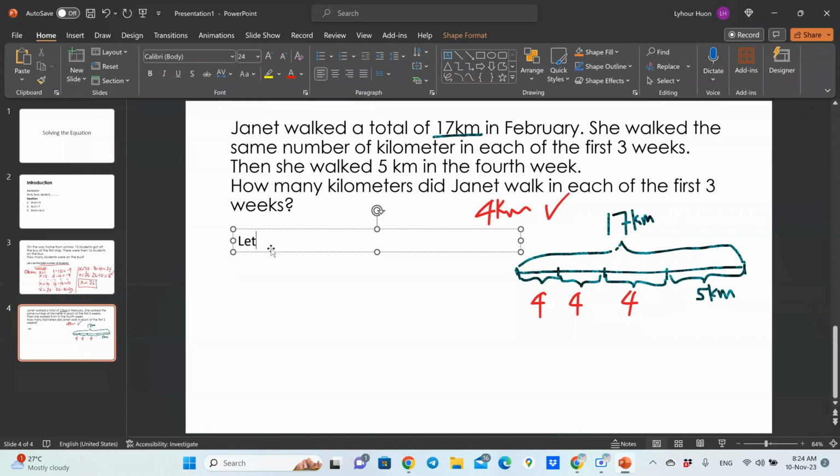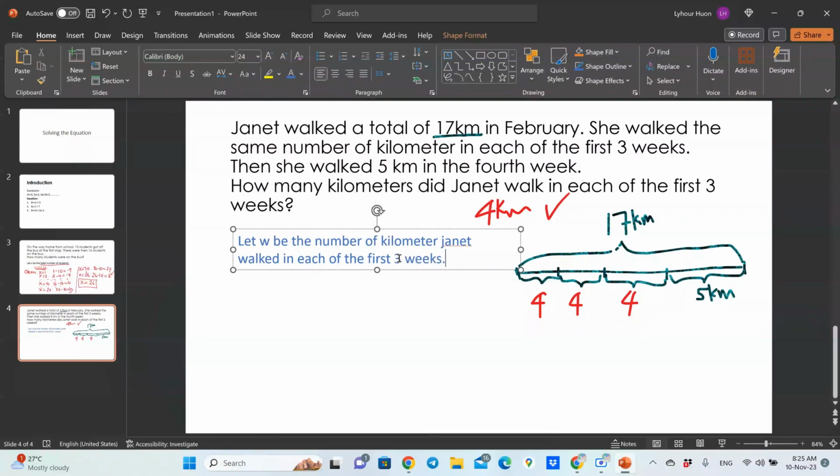Let's put it in blue. Let any variable, let's say variable w, be the number of kilometers Janet walks in each of the first 3 weeks.